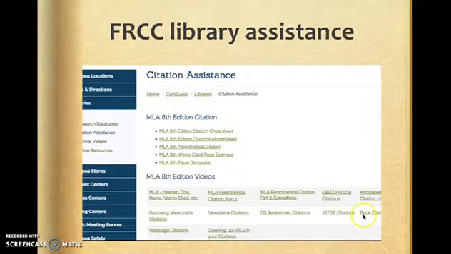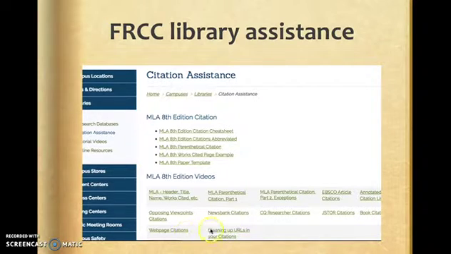Book citations shows you how to find information and place it in the proper order. Let's see, web page citations, how do you cite a web page, especially an article, which is usually what we're looking at for you guys in your research.